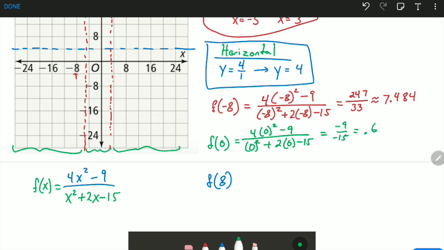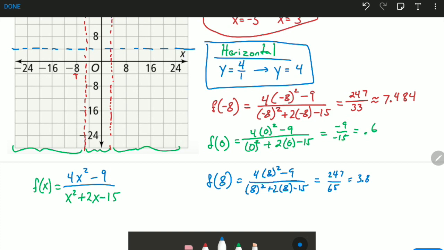And then the last one is a +8, so going through and do the same thing. 4 times 8 squared minus 9 over 8 squared plus 2 times 8 minus 15, which is going to give me another 247, but this time over 65, which is approximately 3.8.